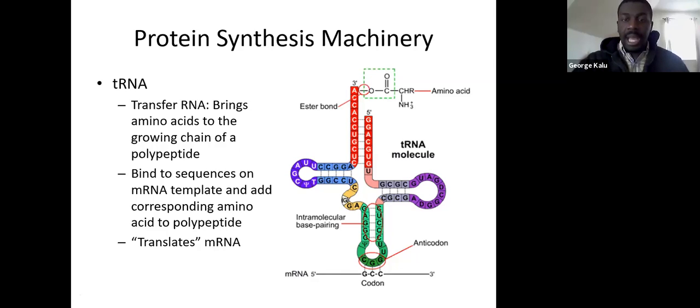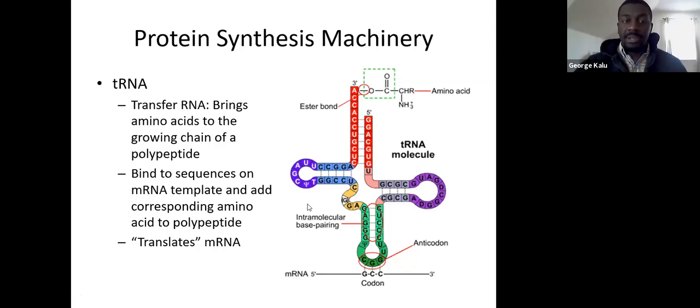In order to do that, each tRNA is going to bind to a specific mRNA sequence. The tRNA is going to bind onto mRNA, and as it binds, it's going to bring that amino acid and add it to the growing polypeptide chain. We'll take a look at what that looks like in a second.